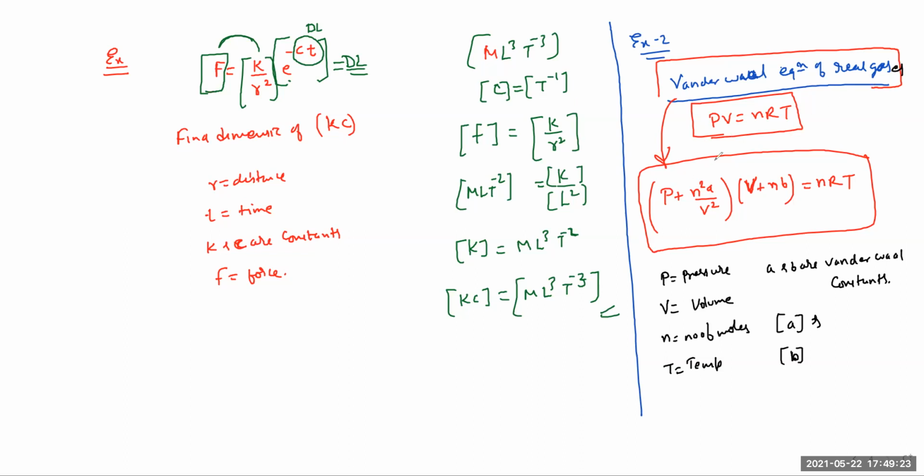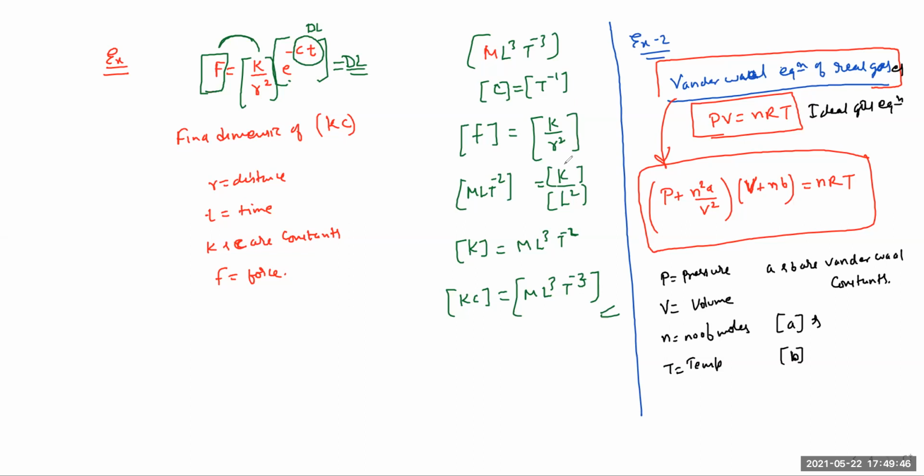This equation is a slightly modified version of the ideal gas equation, which you will learn in chemistry very soon. In this modified version, P is replaced by P plus n square a by V square, V is replaced by V plus nb, and nRT is nRT.